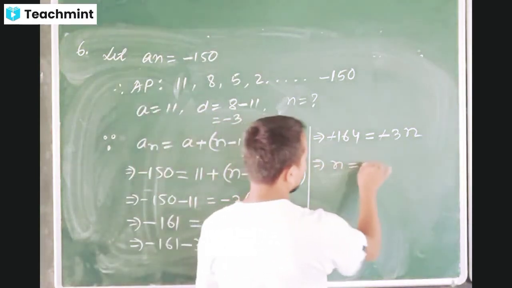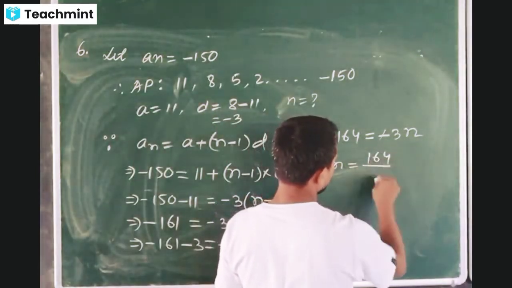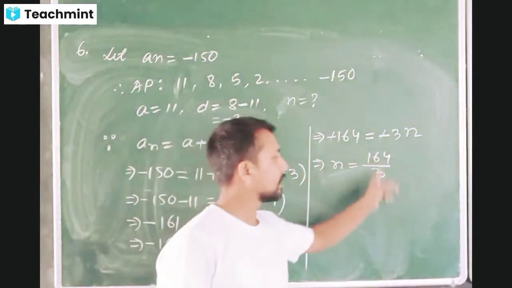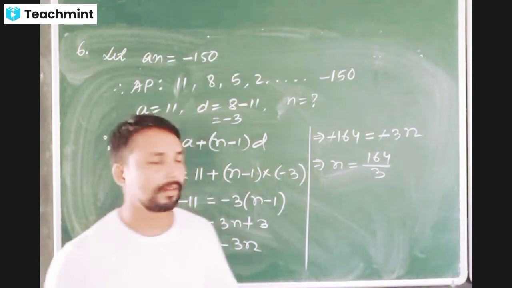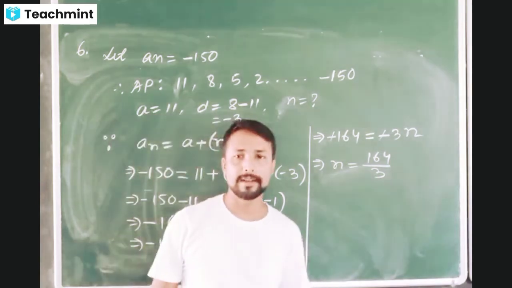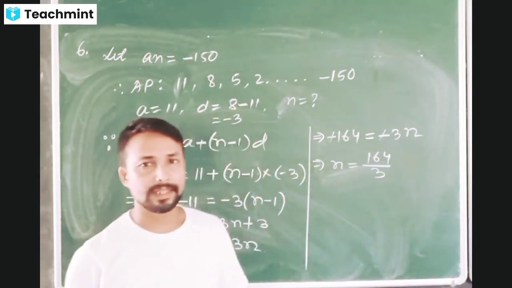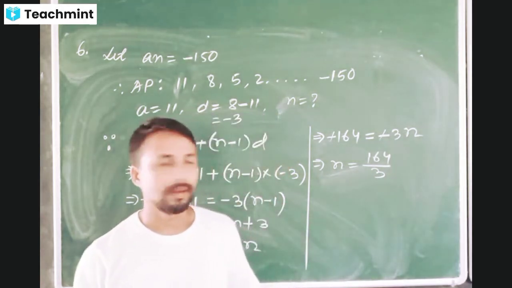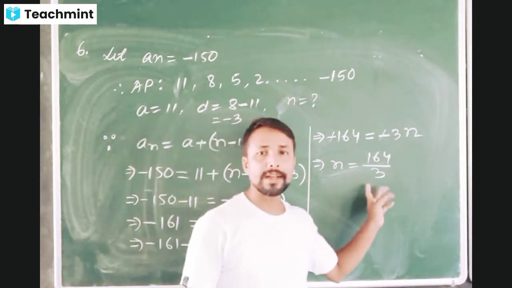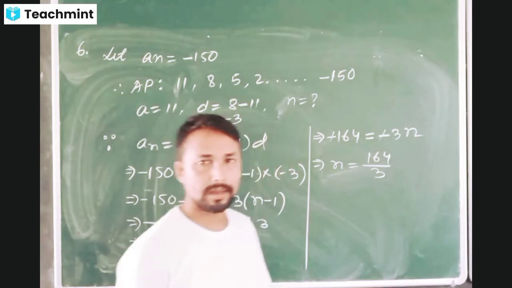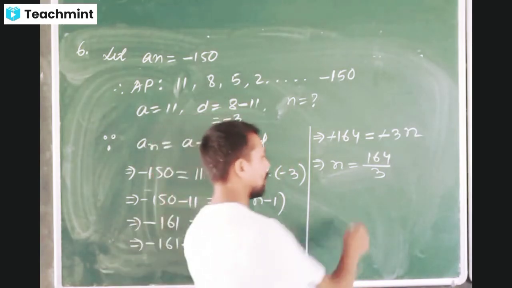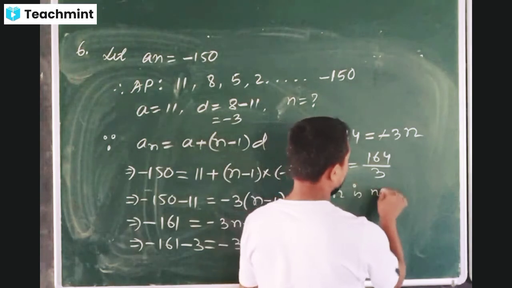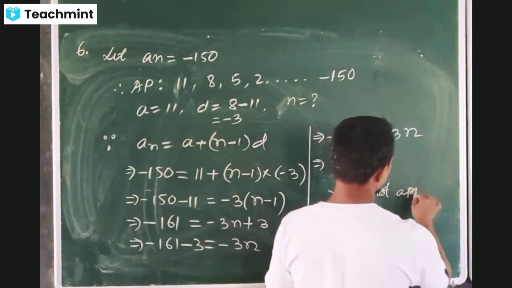So n equals 164 upon 3. Here, this is a fractional value and it cannot be divided evenly. Even if you divide, you will get a mixed fraction. Therefore, n is not applicable.